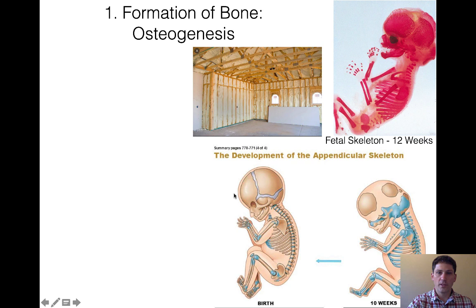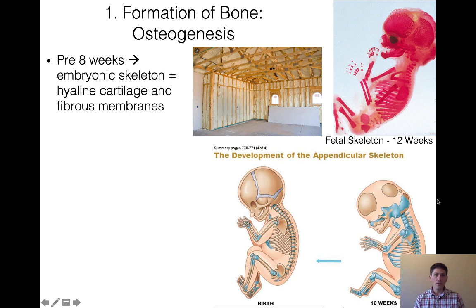And by the time we're born, a lot of that has been replaced by bone, and we have just some residual cartilage in some areas of our skeleton. Now, pre-8 weeks, our embryonic skeleton is all hyaline cartilage and fibrous membranes. It's really important because we're going to talk about hyaline cartilage and fibrous membranes here in a couple of slides.